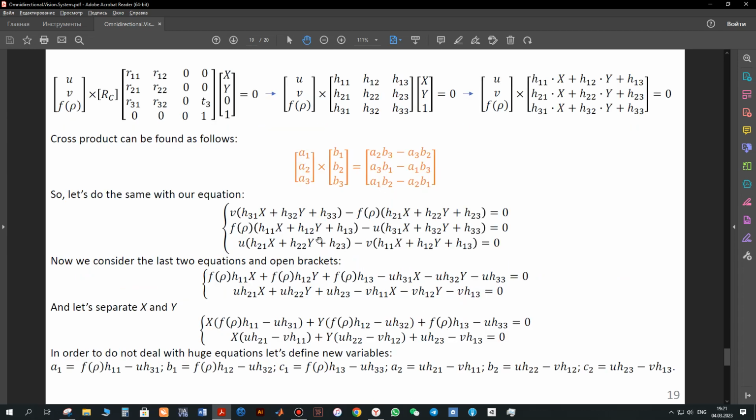So finally from here we go to this equation, where we already multiplied this matrix by this matrix, and we just got this 3 by 3 homography matrix.